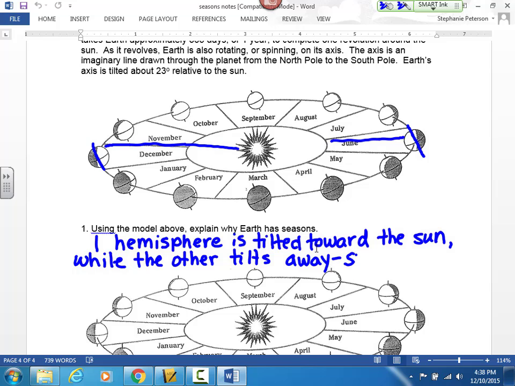This is why one hemisphere will have summer while the other one has winter. Pause here if you need to write this down. I will be erasing to move to the bottom of the page.